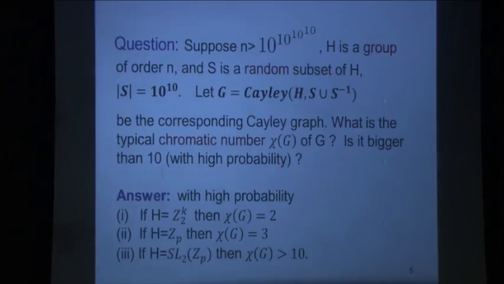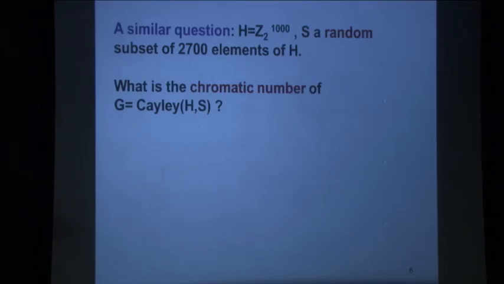Now here is another one. What I wanted to show is that it's kind of hard to guess what the answers will be, and here is another one, which I think is also hard to guess. So suppose it's the elementary abelian 2 group. I think that's the group that is easiest to understand, right? So just binary vectors of length 1000 here with respect to addition modulo 2 in each coordinate.